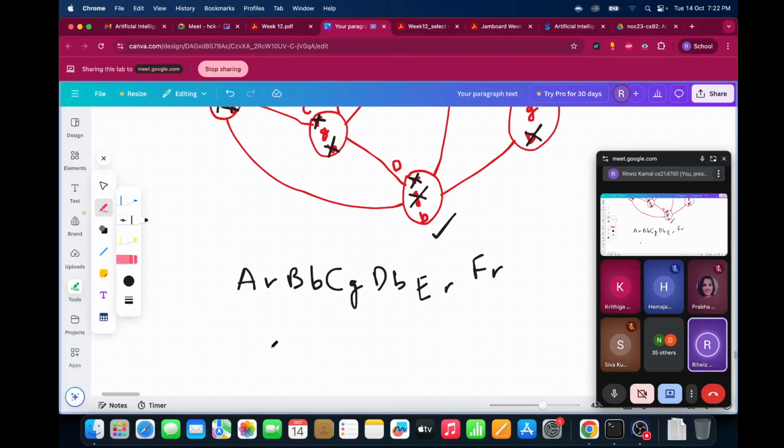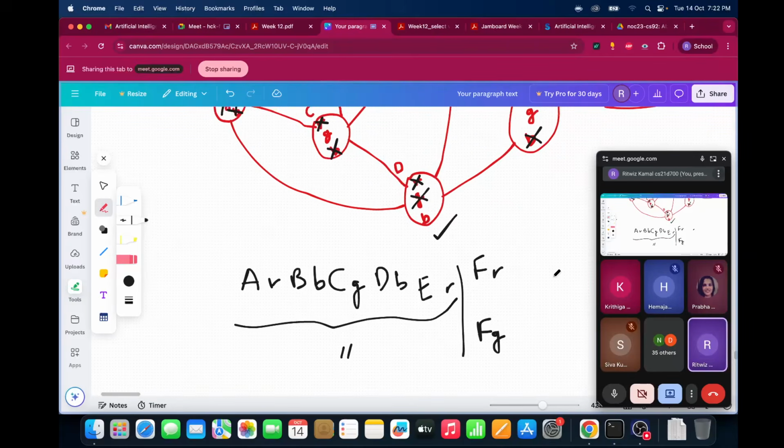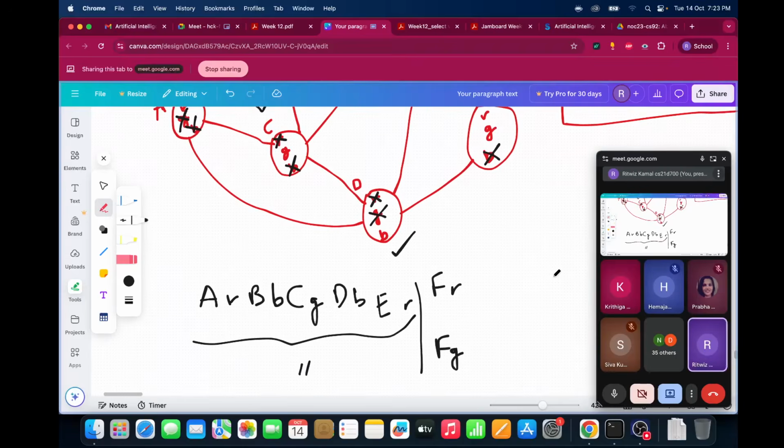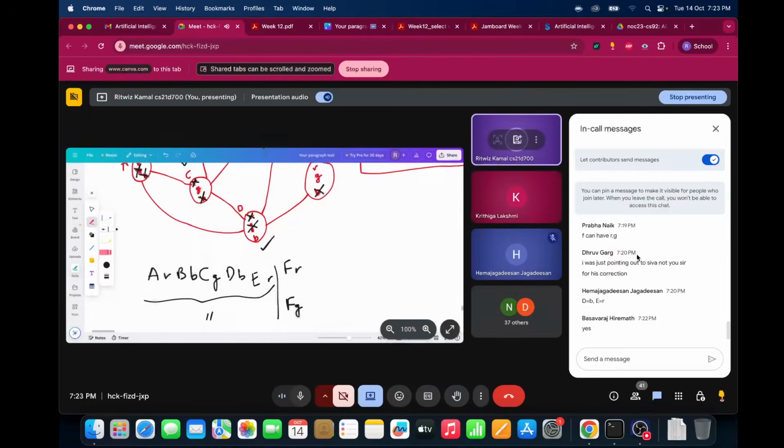Or an alternate solution could be this part remains the same, but F has green. Okay, two unique solutions for this mapping problem. Okay, everyone agreed?